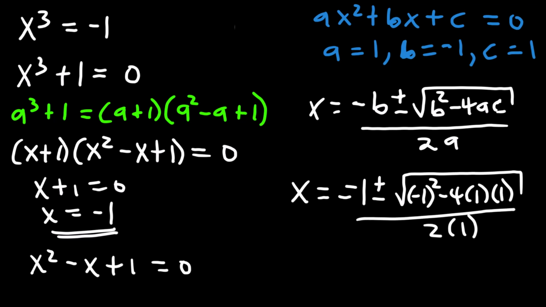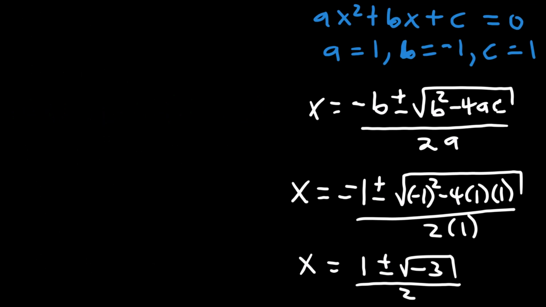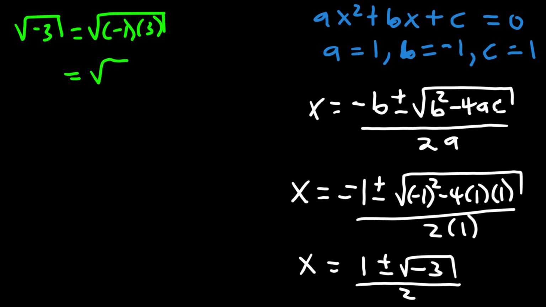And if you simplify this, you will get x equaling 1 plus or minus the square root of -3 divided by 2. Now, square root of -3 can be written as the square root of -1 times 3, which is also equal to the square root of -1 times the square root of 3.